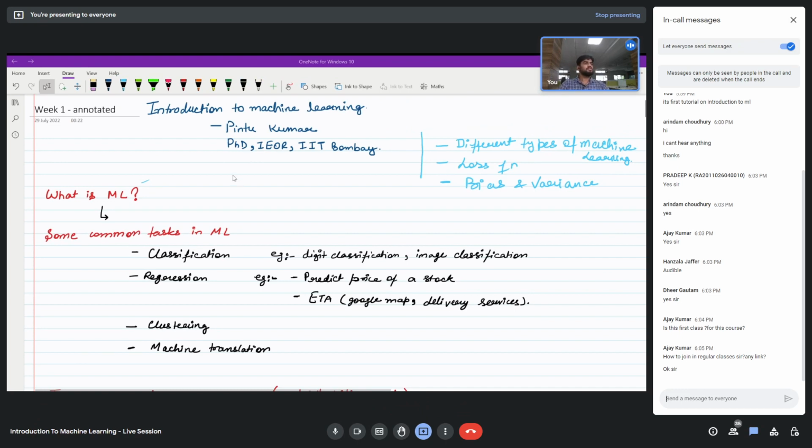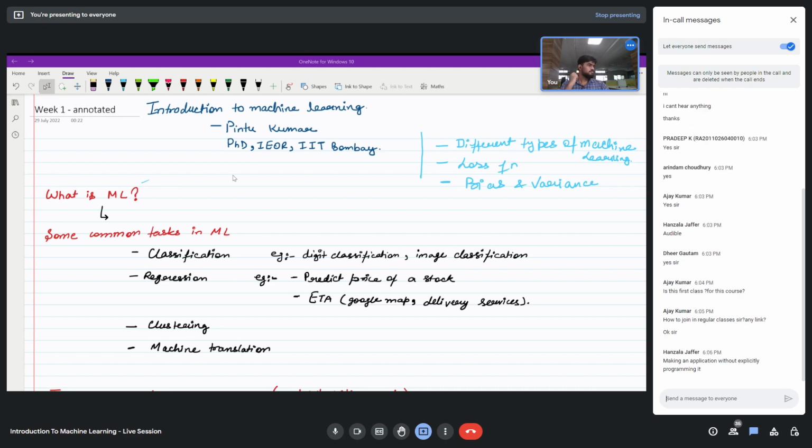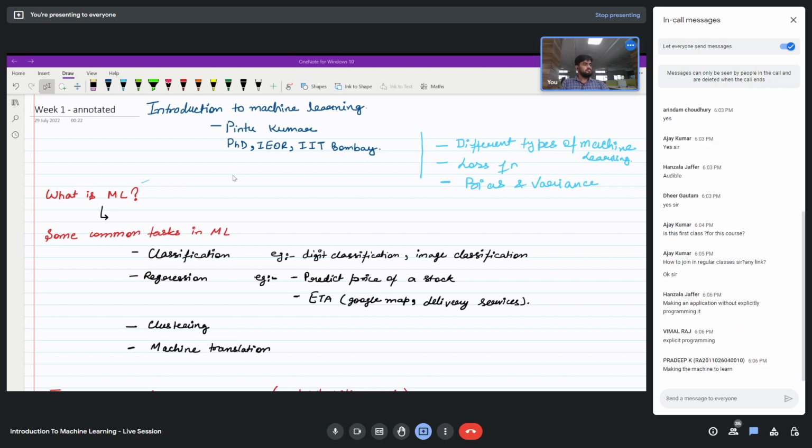Whatever you think machine learning is, you can just type it out. Okay. Making the machine to learn, right?